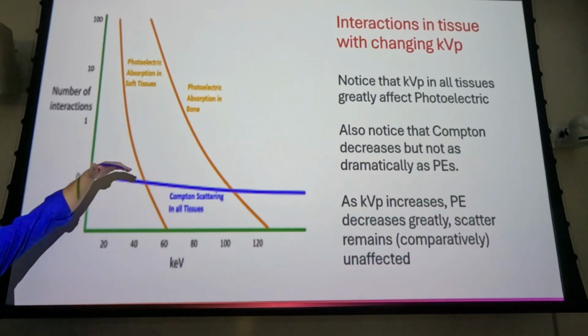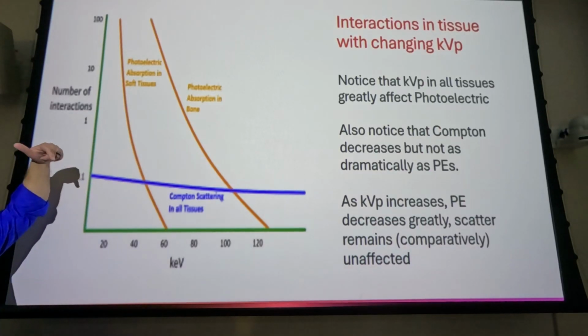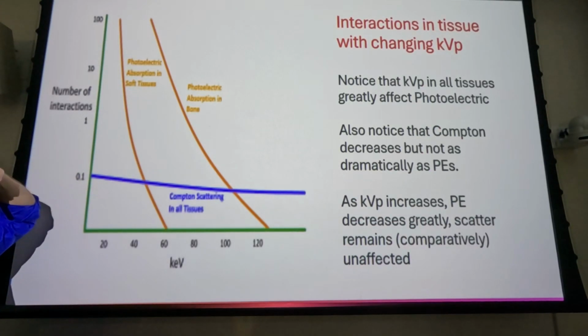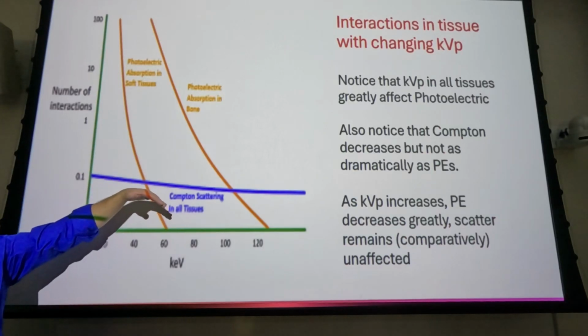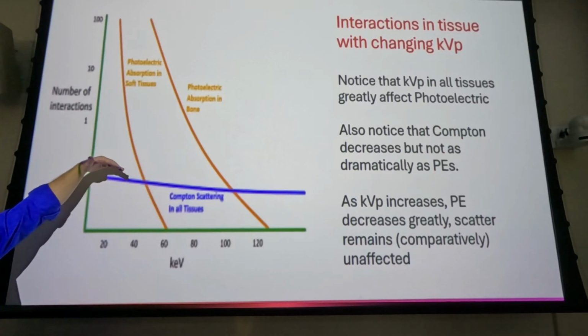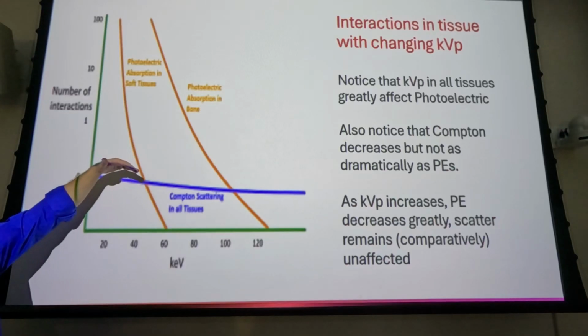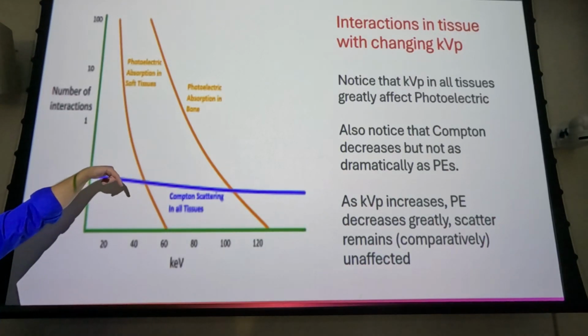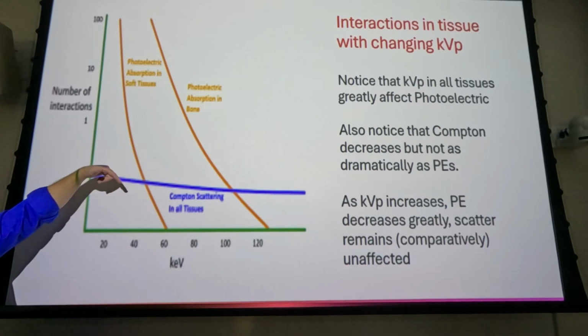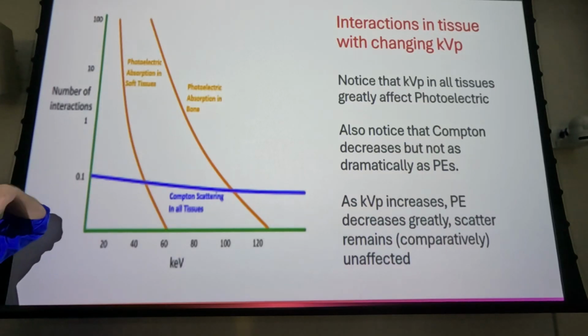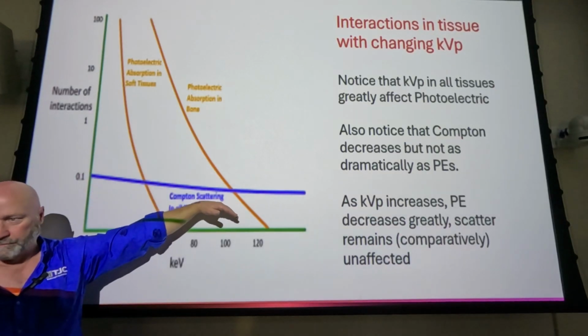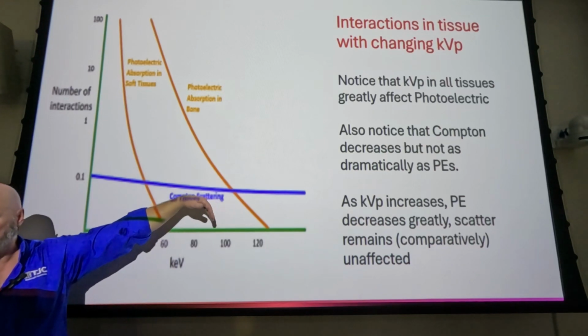So does Compton decrease? Yes. Okay. So do the photoelectrics decrease with the increase in kVp? Yeah.